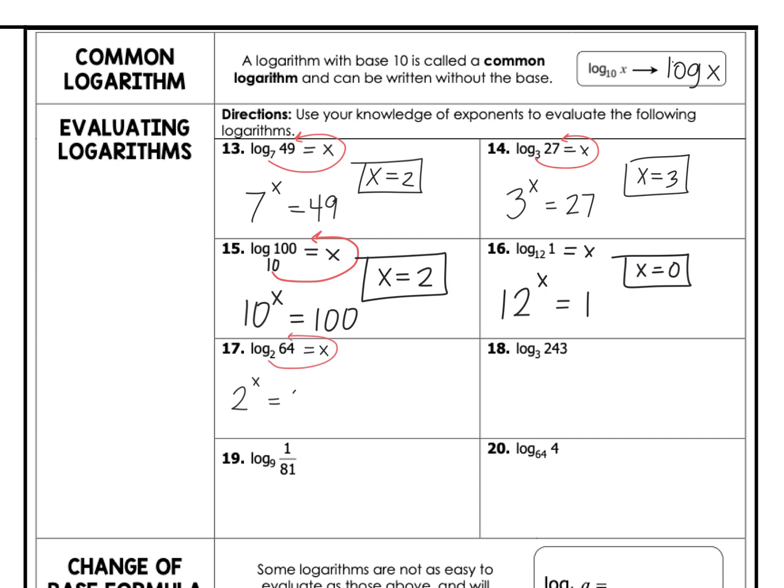You can use that little chart. What is that? I think 2 to the 5th is 32. Is that right? I think so.